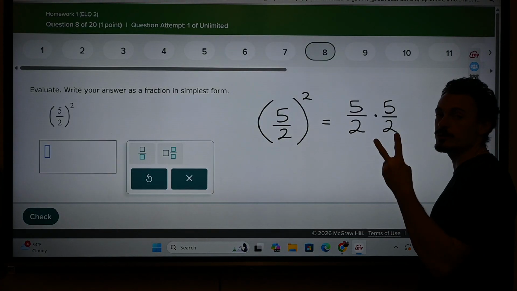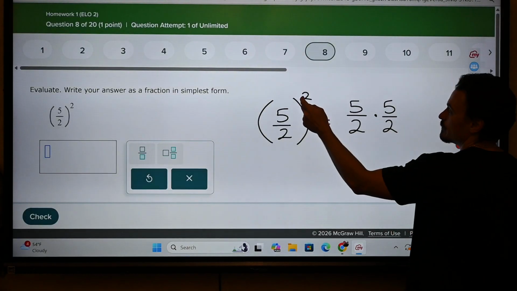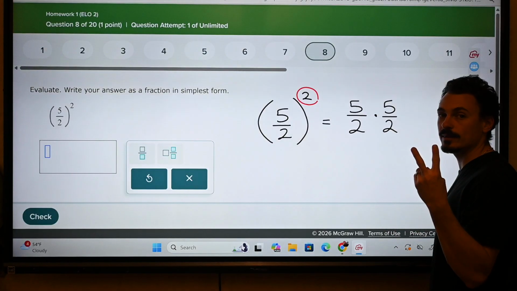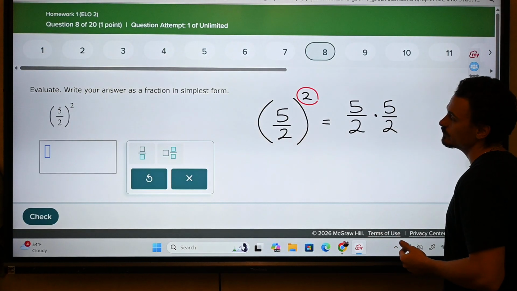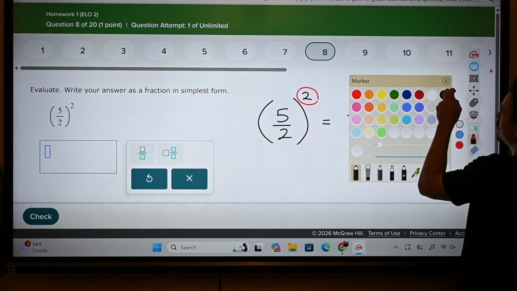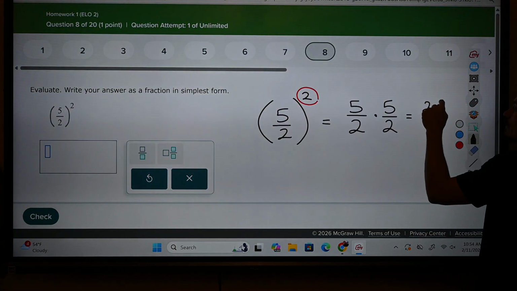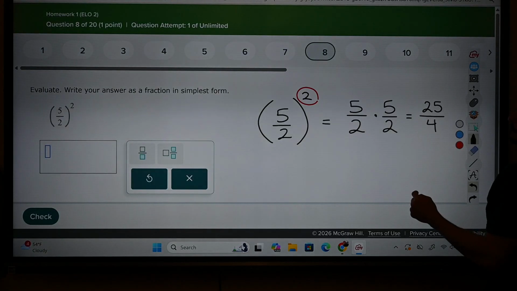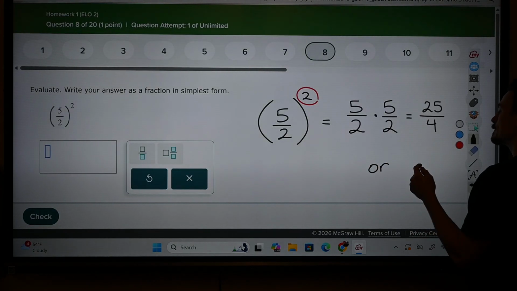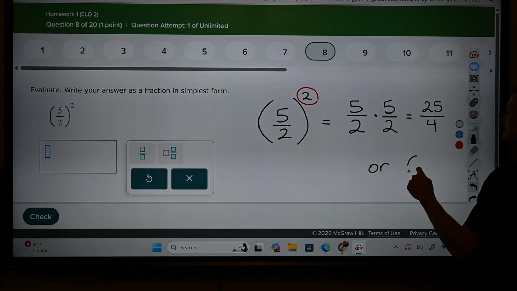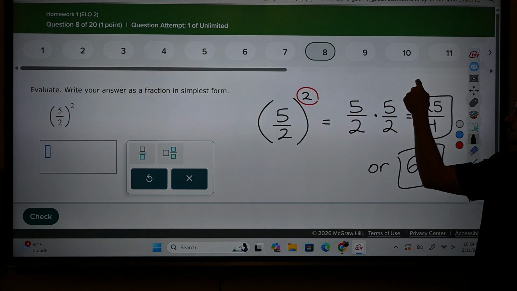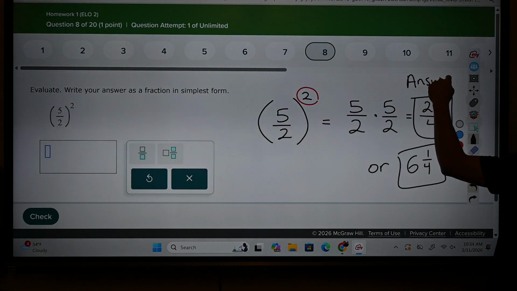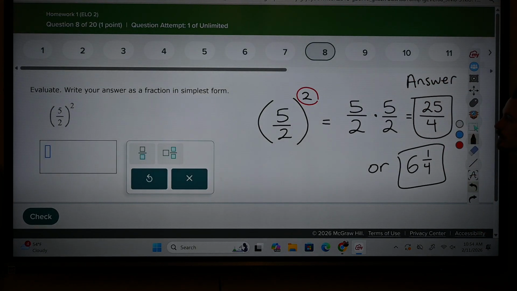I'm writing 5 over 2 twice because my exponent is a 2, and my base is 5 over 2. So this is going to equal 25 over 4, or 6 1/4.